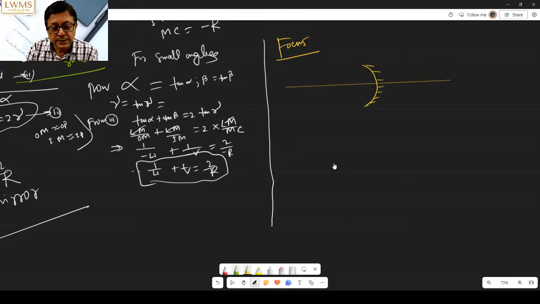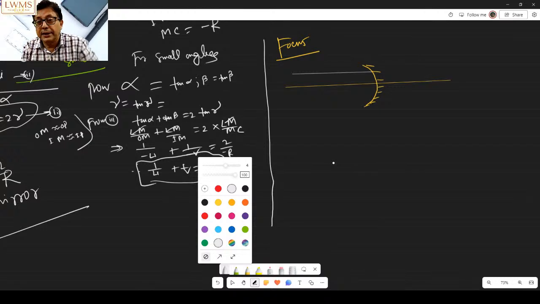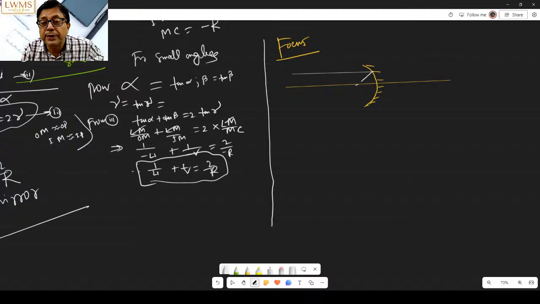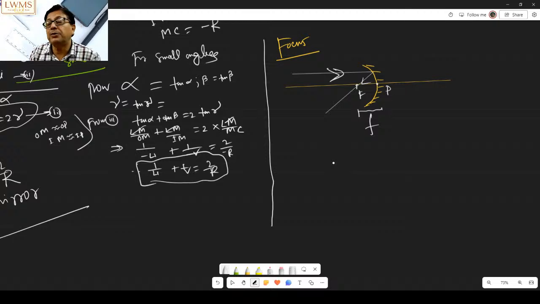If you send a ray or beam of light parallel to the principal axis, then after reflection they will pass through what? Through the focus. Clear? If you send a ray parallel to the principal axis, it will meet at the focus. And this focal length where they meet, that distance we always take as small f.